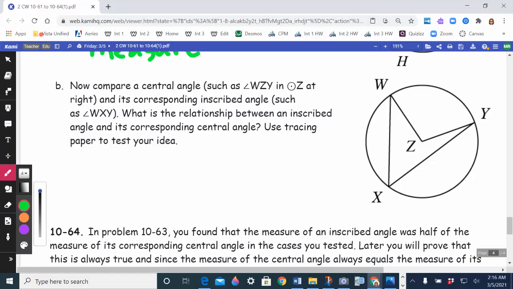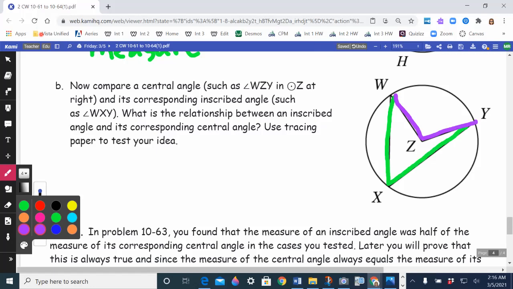So again, if I take two of these angles, it actually made up this angle C. So two of my green ones made up my purple one. And again, you want to notice that both of them have the same intercepted arc.